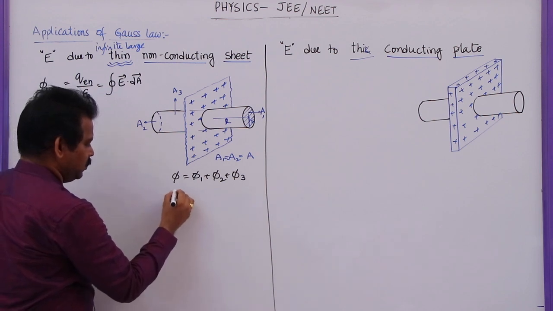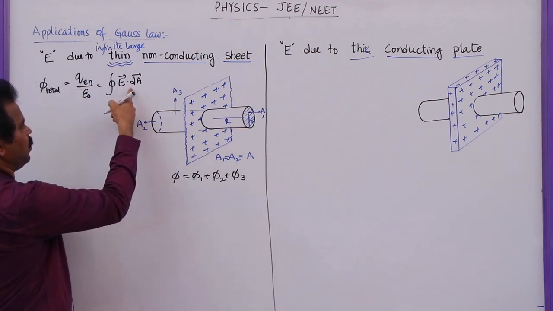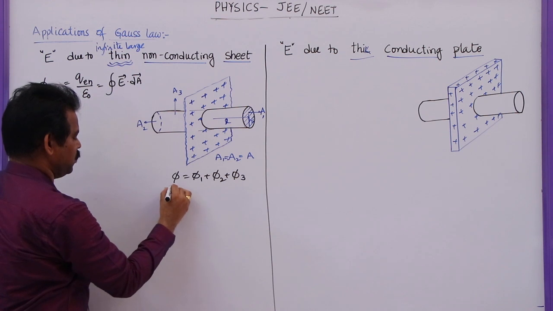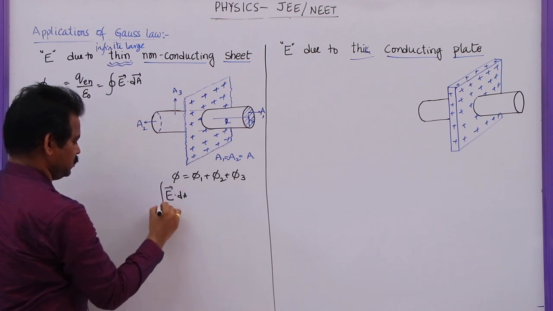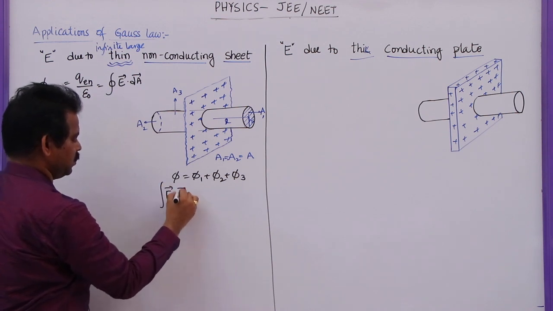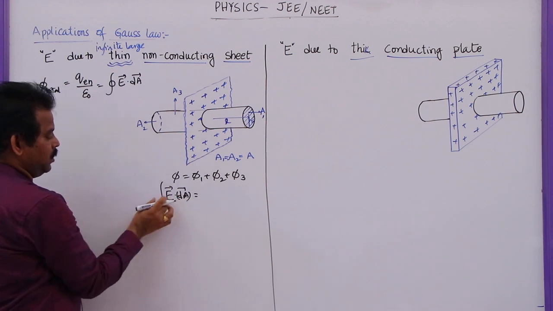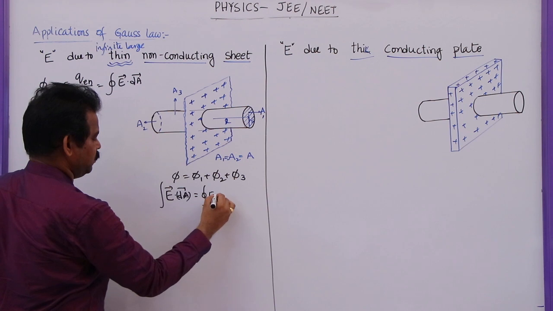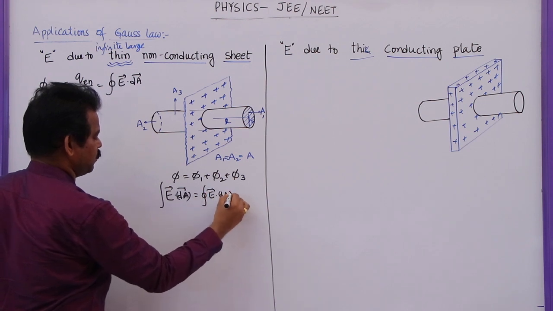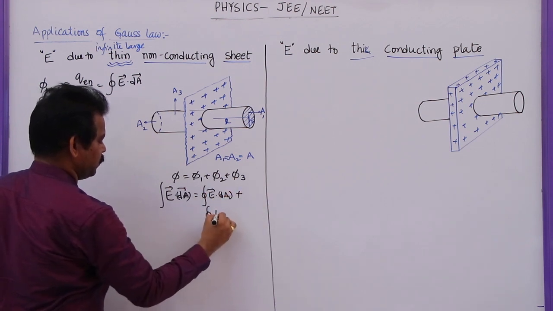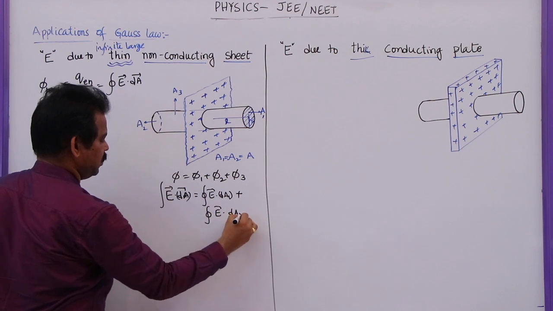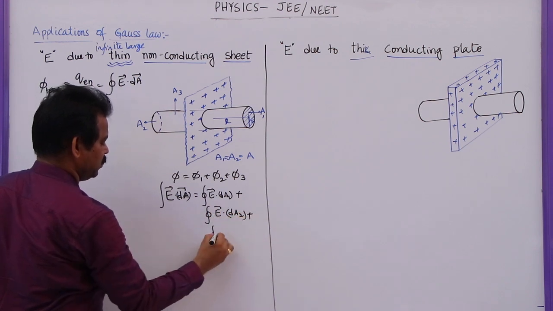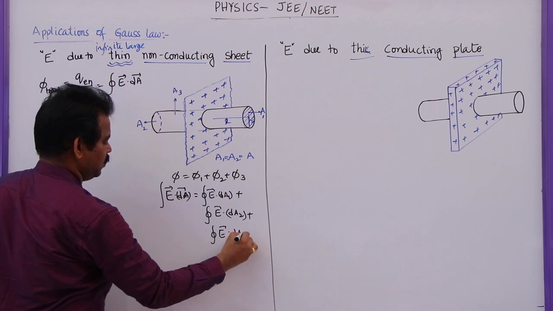Phi is E bar dot dA bar. The total flux is equal to the integral of E bar dot dA1 bar plus the integral of E bar dot dA2 bar plus the integral of E bar dot dA3 bar.